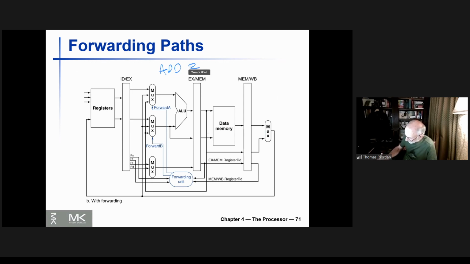So the Rx, the destination, whatever it was, R2 and R2 will both come directly out of the register file. The normal case, if you will, even though the normal case hardly ever happens. Or at least it will hardly ever happen if you use the value right after you created it.